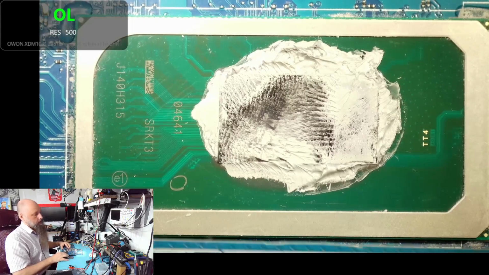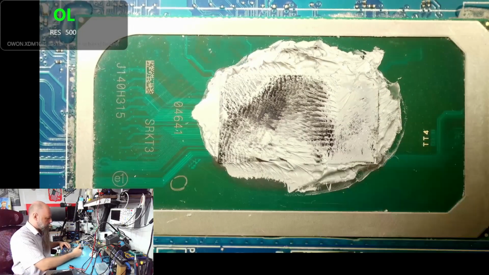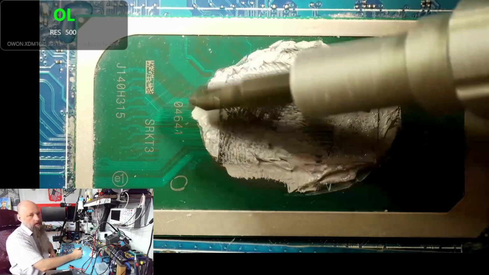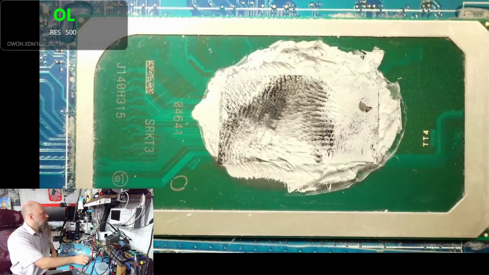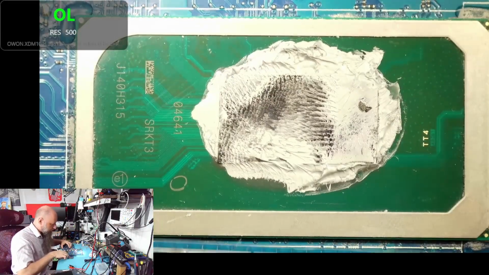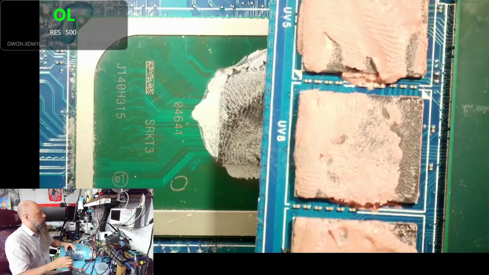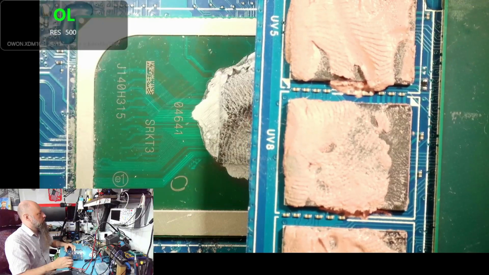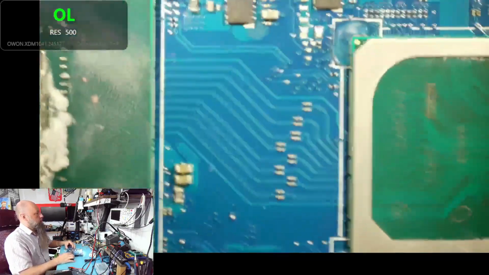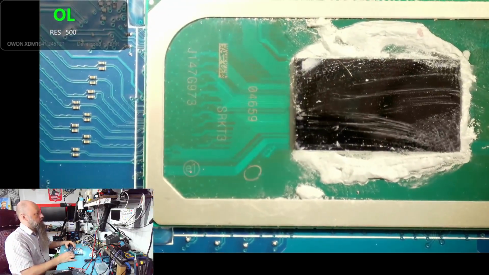So is that a difference? I'm not sure. This number over here is different. What about that other number? The J, what is it? J147G. Yeah, this one is J140H. So it's not exactly the same CPU.